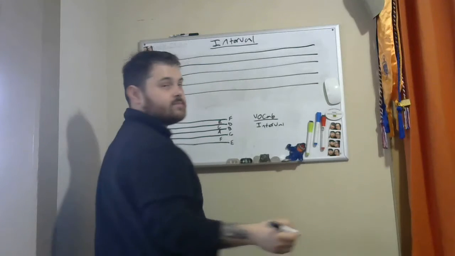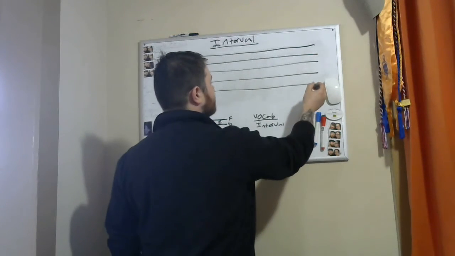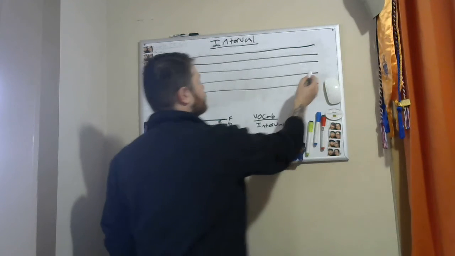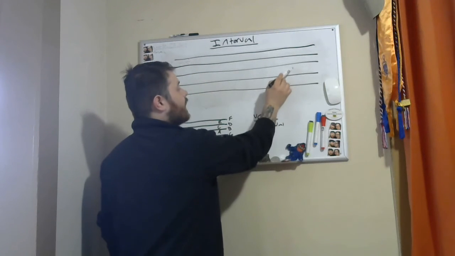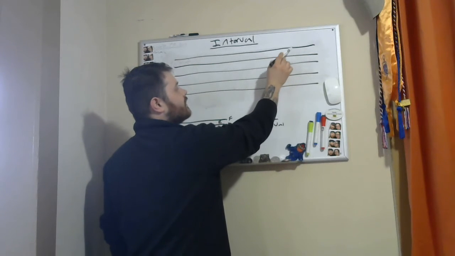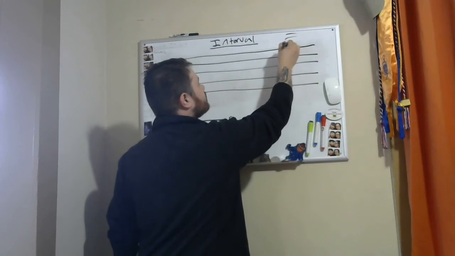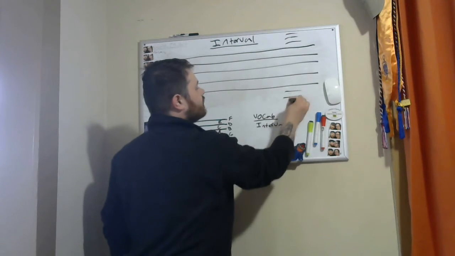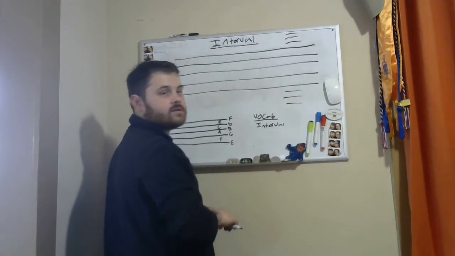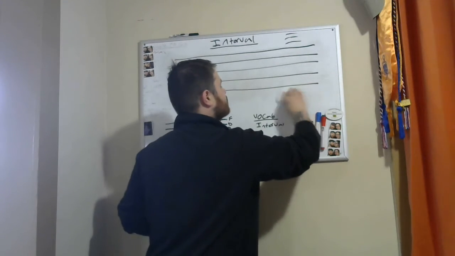And we said the names of these lines and spaces, starting at the first line is E, F, G, A, B, C, D, E, F. We also said there could be lines up here or lines down here. We call those ledger lines. So let's erase our ledger lines.